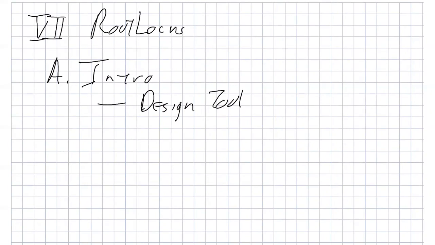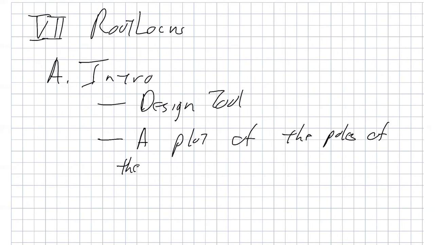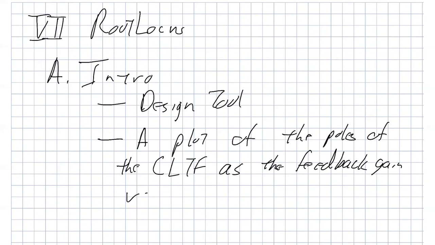And root locus is simply what it says. It's basically a plot of the poles of the closed loop transfer function as the feedback gain, which is usually K, varies.